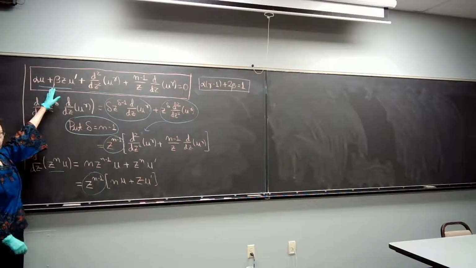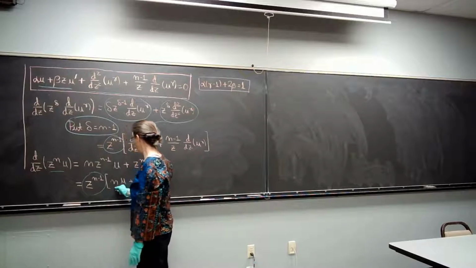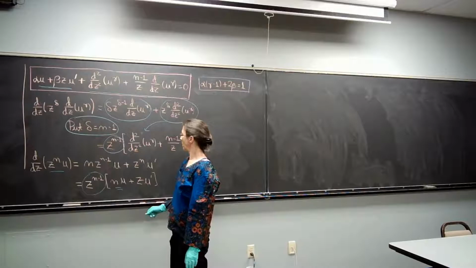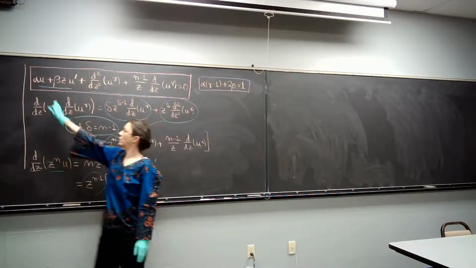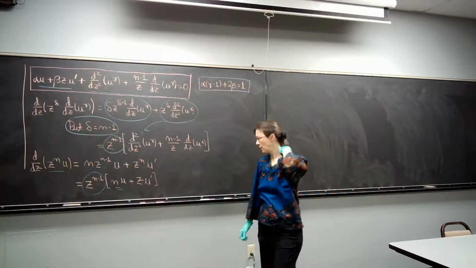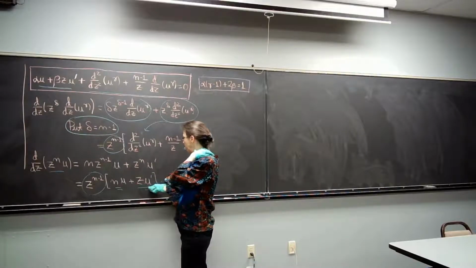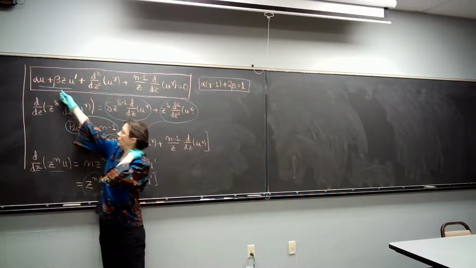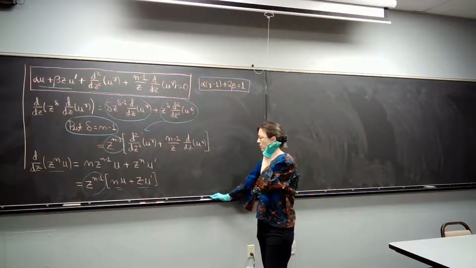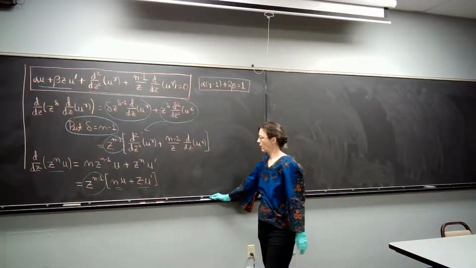You got these coefficients of alpha and beta. But the form, right, you've got a constant times u, and alpha and beta have not been chosen completely yet, so that looks pretty good. And then in the second term, you've got a constant times z times u prime.